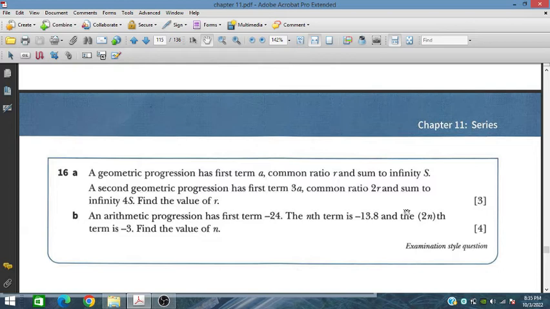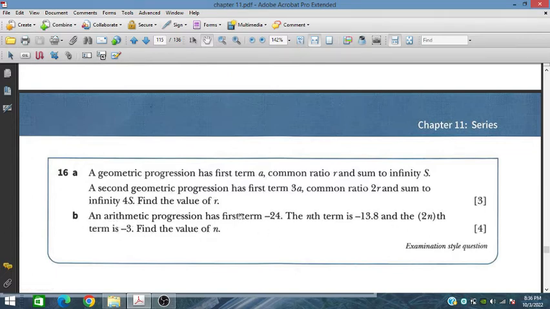Another geometric progression has a first term 3a and common ratio 2r, and sum to infinity 4s. Find the value of r. This is the problem to solve. In part B, we have a different question. An arithmetic progression has the first term minus 24, the nth term is minus 13.8, and the 2nth term is minus 3. Find the value of n. So this is part B.